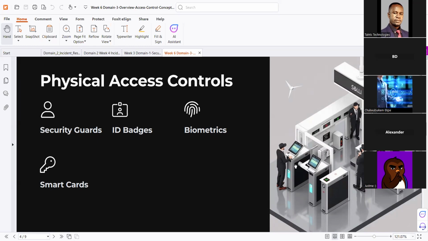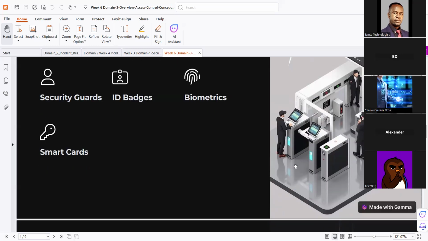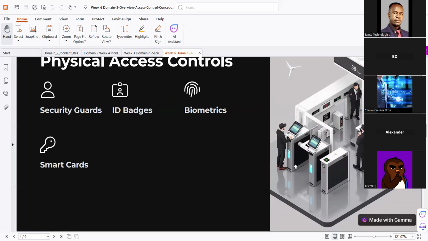There is one called a turnstile, whereby when you go, the access card will help you to open it. There are also doors. So you need to understand different types of physical controls.